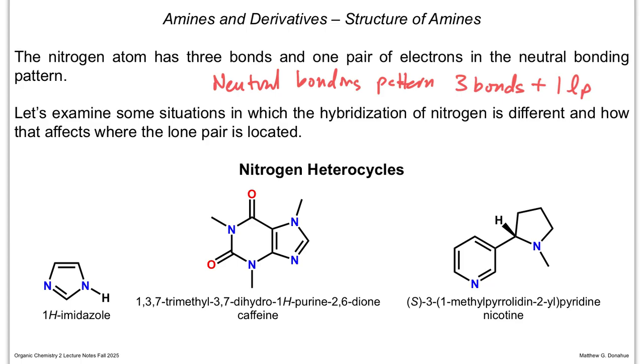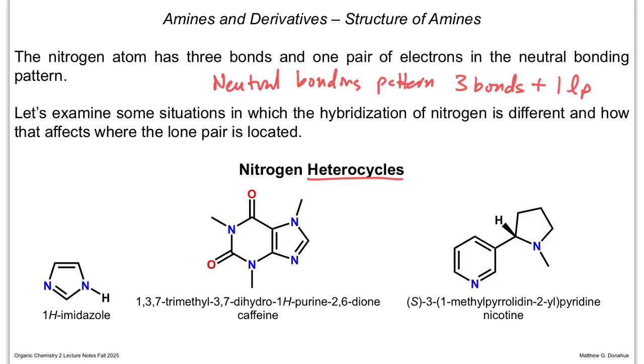The structures shown are nitrogen heterocycles, so a ring with nitrogen in the ring. When you look at the nitrogen atoms, you can count 3 bonds, and then the lone pairs are there. We want to figure out in what type of orbital that lone pair exists.